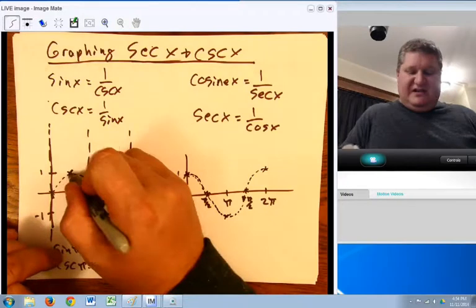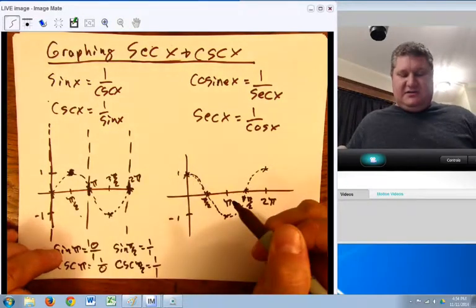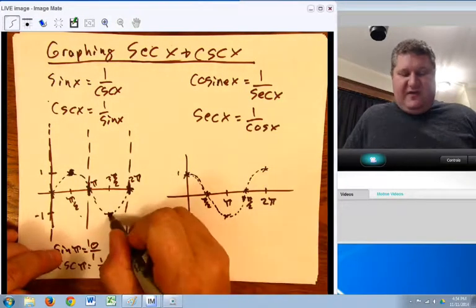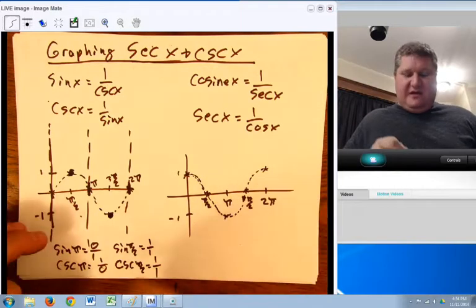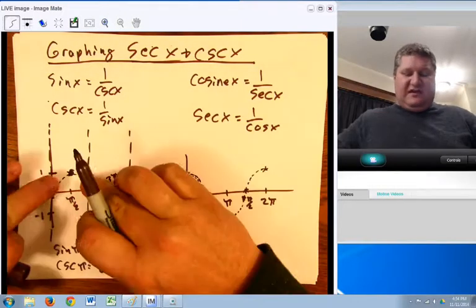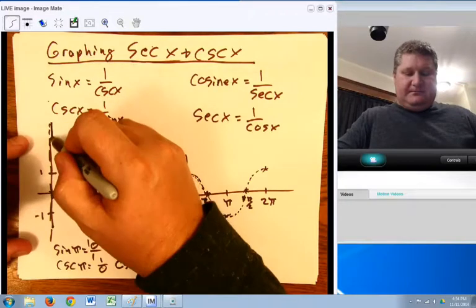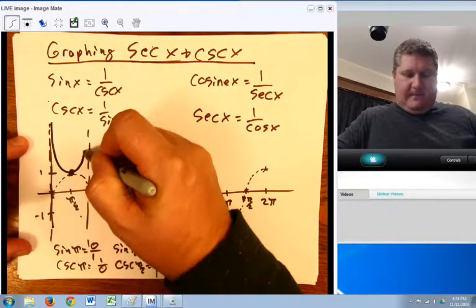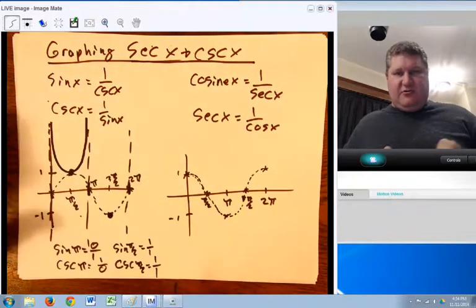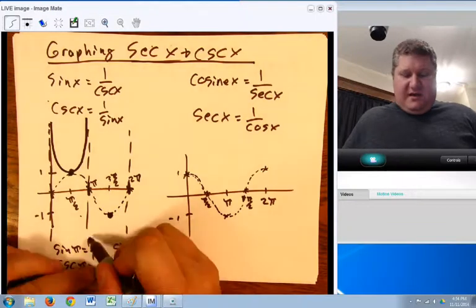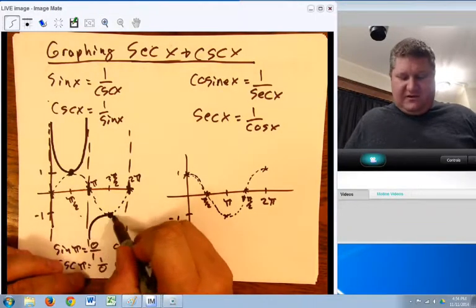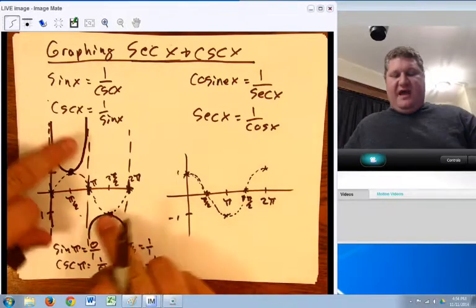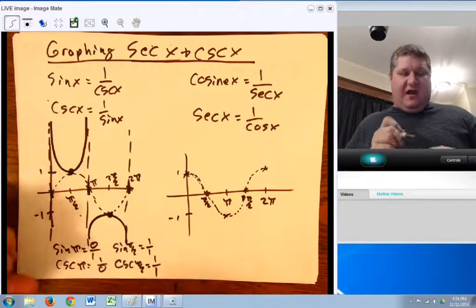So this point is common between sine and cosecant, and this point is common between sine and cosecant. And so all we have to do is take this, turn it inside out, go down and just touch the old graph, come back up. Here we come up from the asymptote, touch the old graph, and go down. That entire graph is the graph of cosecant.